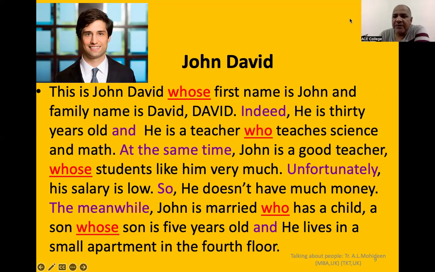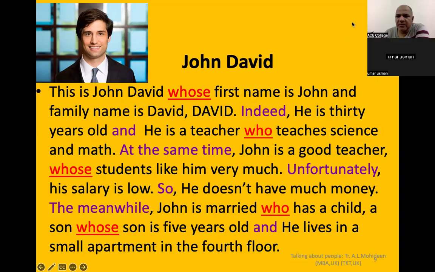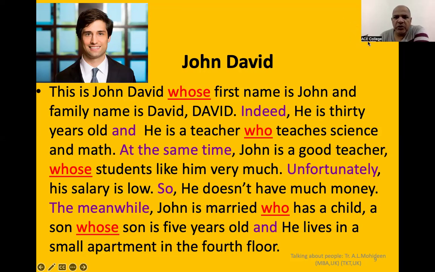So you have to remember the ideas you are going to talk about John David. Okay, so the point that you have to remember is that you have to move from simple sentence structure to complex sentence structure.